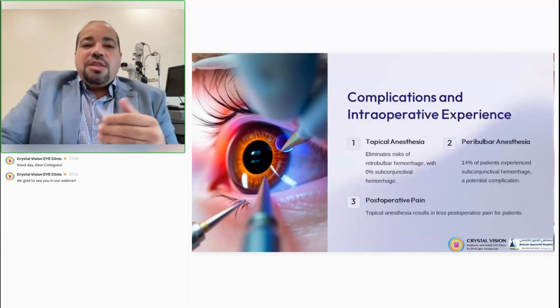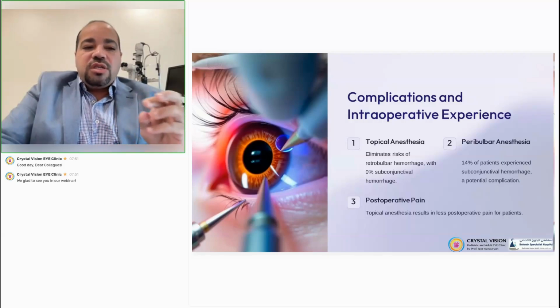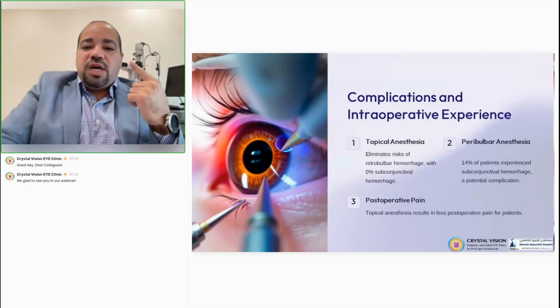As we know, after a successful cataract surgery, what is the patient's main complaint? He will come to you and say, I have redness in my eye, I'm afraid of it. He doesn't mention the vision. He doesn't mention the pain. He is worried only about the redness.